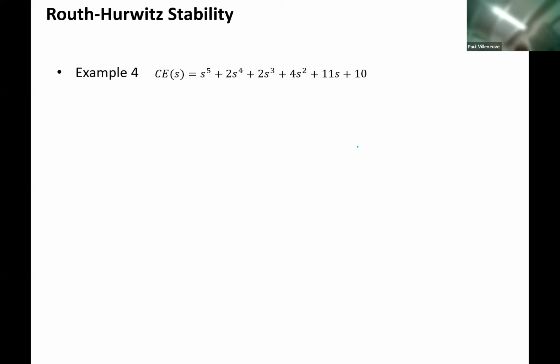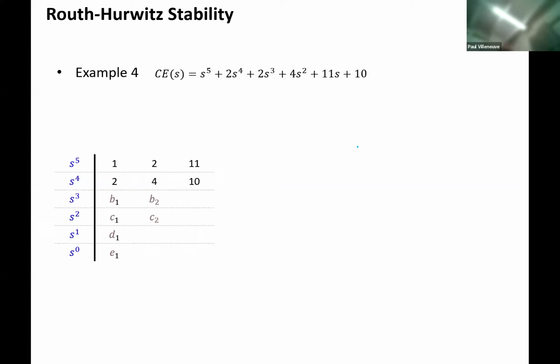All right, so here's an example. s to the 5th plus 2s to the 4th plus 2s cubed plus 4s squared plus 11s plus 10. Two necessary but insufficient conditions: is this a stable system? We don't know, but do we get any sign changes in the polynomial? Nope. Do we have any term that vanishes? Oh, they're all there. So we know that at least it has a chance of being a stable system.